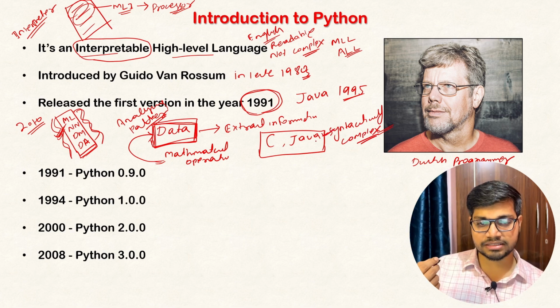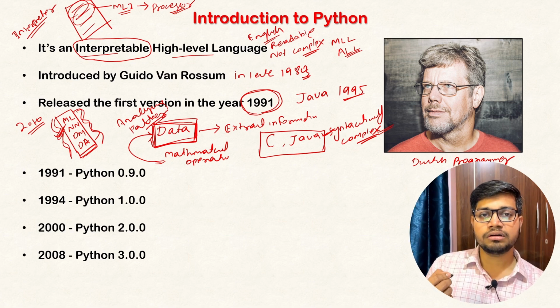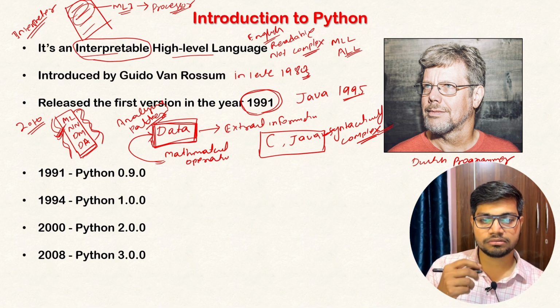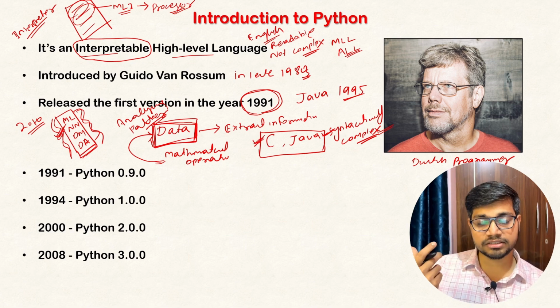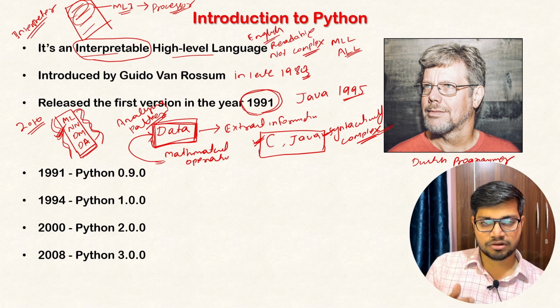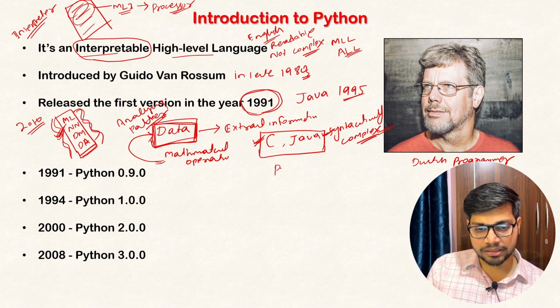If you wish to write code in C and Java, you have to learn this complex syntax, otherwise you cannot write the code. So they searched for a less complex language, then they found Python.